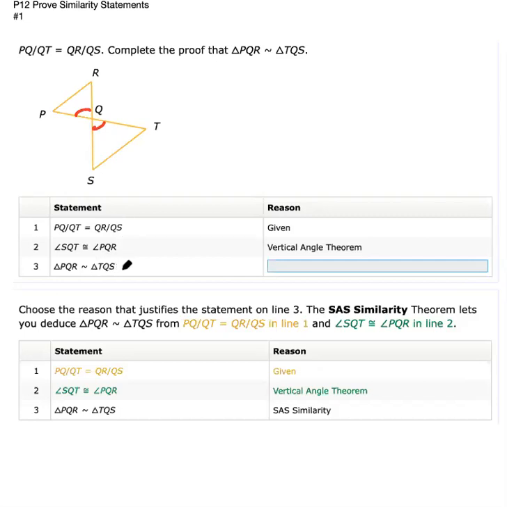And the last one, the missing one that we're looking for, the reason for the similarity, is going to be the SAS similarity. Okay, so we have the two lengths in the middle, so we basically have our side, angle, side. If you look here, you go P to Q, you've got your side, you've got your angle on Q, and then you have your other side right there. So that's going to be SAS.